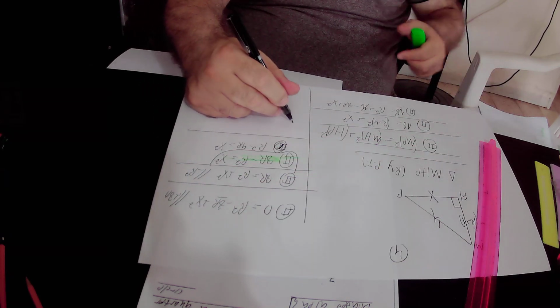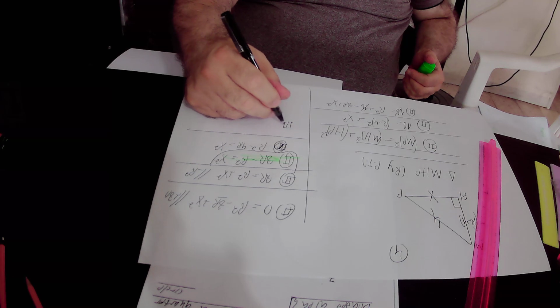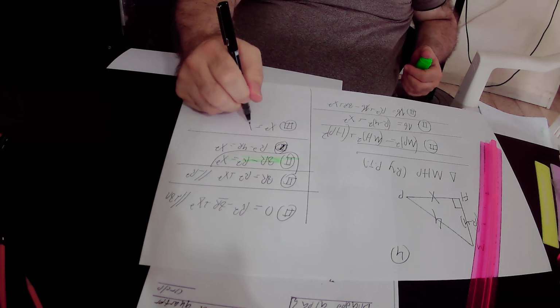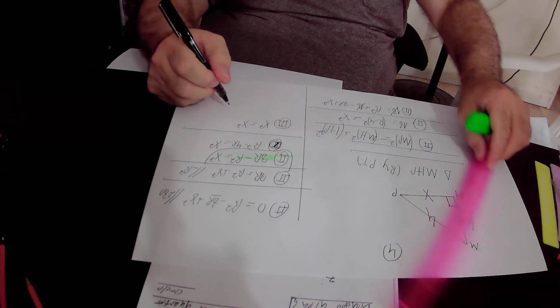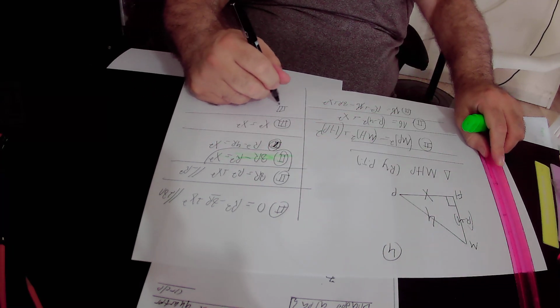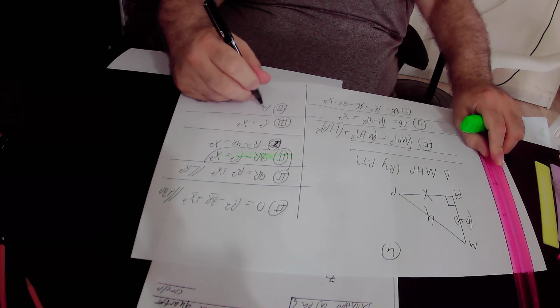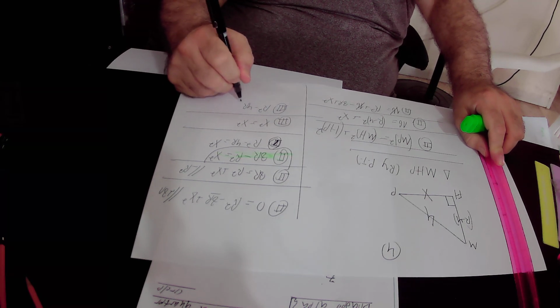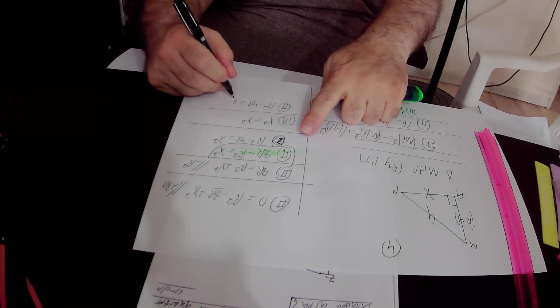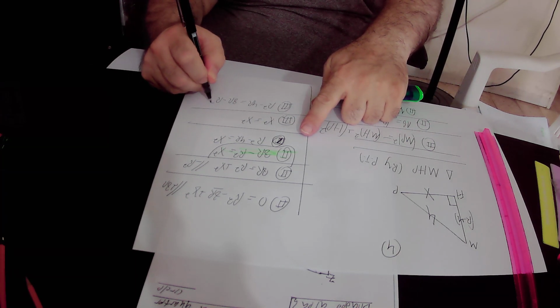Now we create equation number 3 that states that X squared according to equation number 1 must be equal to X squared according to equation number 2. So X squared according to equation number 1 is R squared minus 4R, while X squared according to equation number 2 is 8R minus R squared.